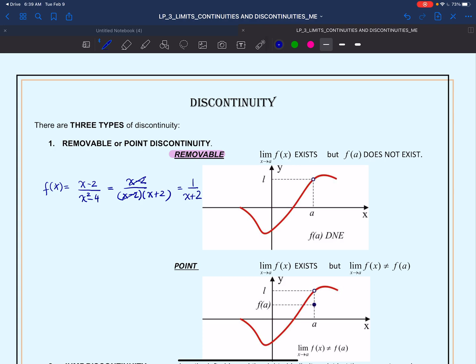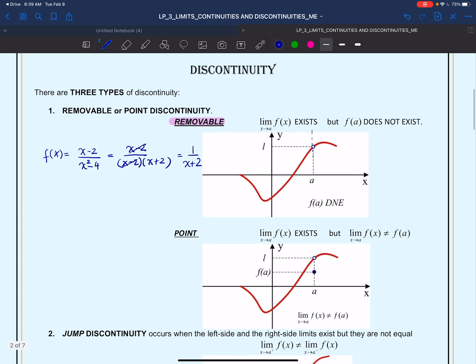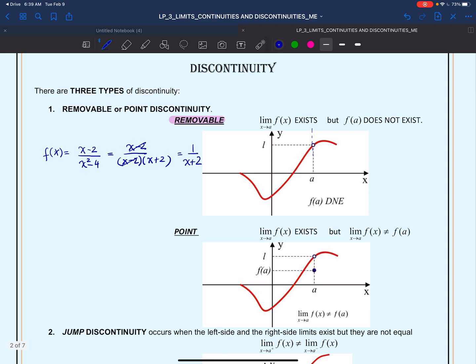It just means that the function will have a hole at that point. So the removal of an asymptote at a point will cause a hole on the graph of the function at that point. So point discontinuity is kind of the same or similar to removable discontinuity.